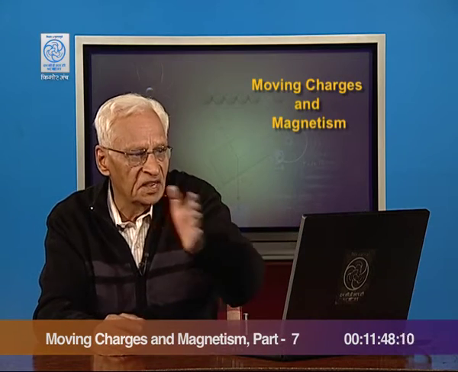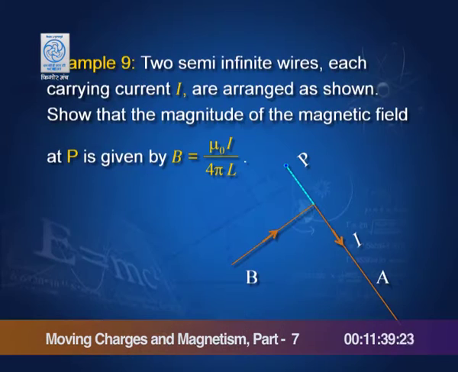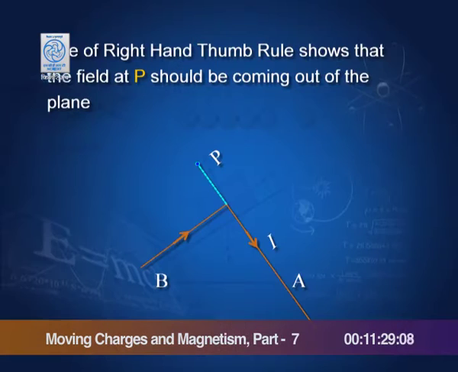Let us use this result for semi-infinite wires immediately, so that our ideas get fixed. We have two semi-infinite wires B and A carrying the same current I, and we have a point P which is along this wire at a distance L from this junction. The current in A will not contribute because they are in the same direction, the cross product is 0, and only wire B will contribute.